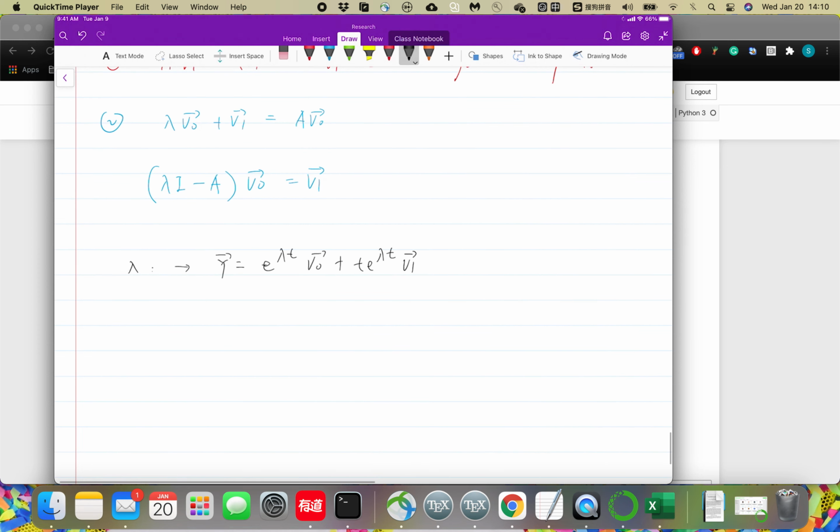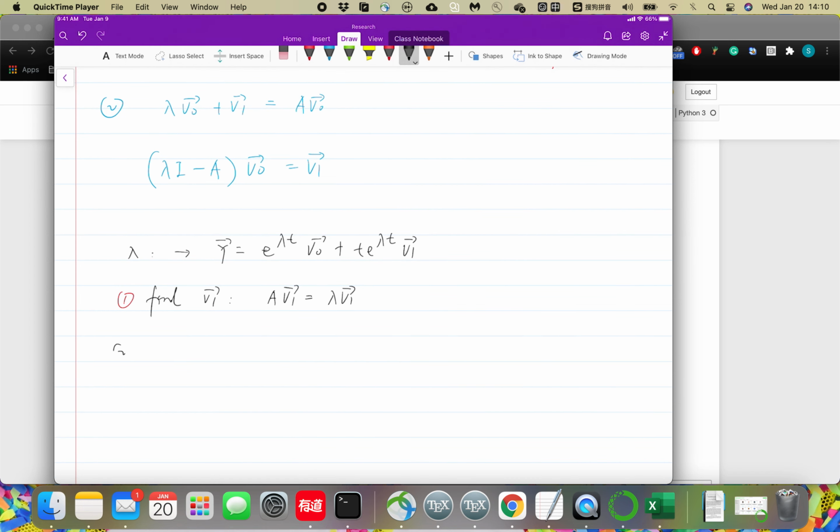Now our first job is to find v1, because v1 satisfies this. Therefore, v1 is an eigenvector. You know the eigenvalue, you can find one eigenvector. That's step 1. Totally works. The sad part is you only have one answer, because you only have one eigenvalue.